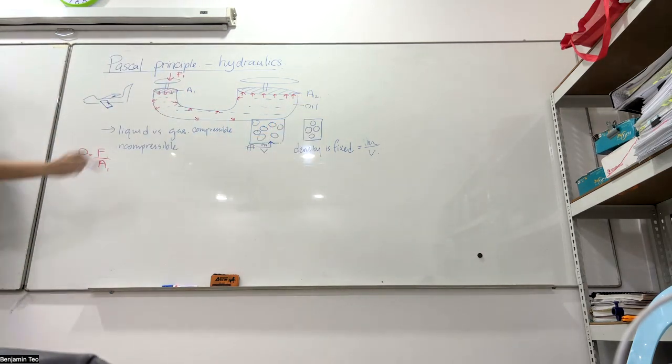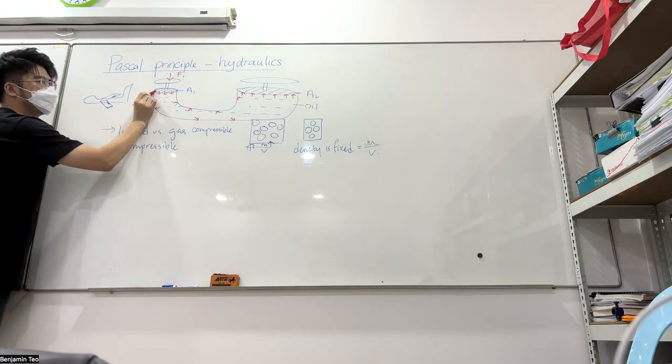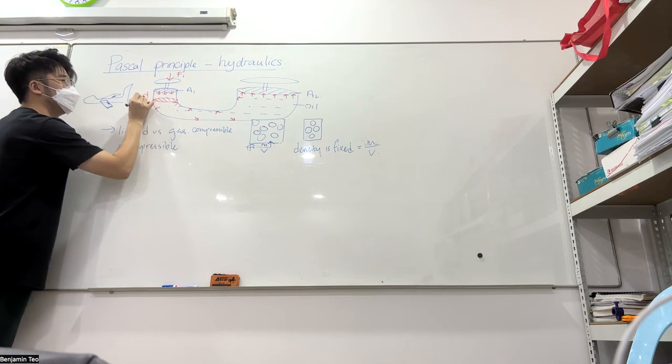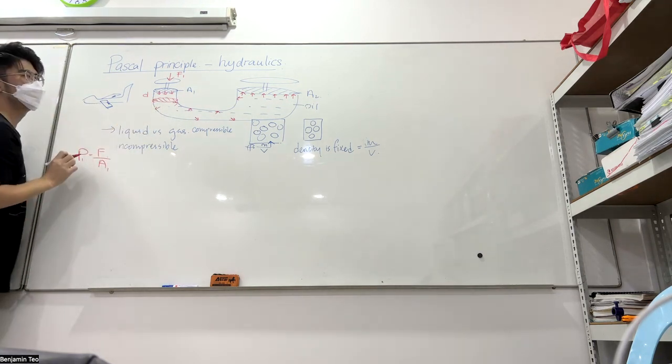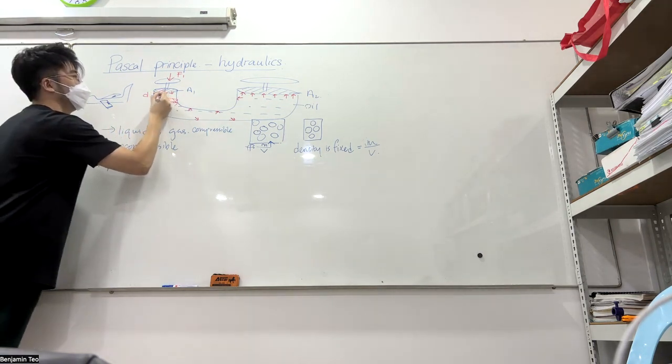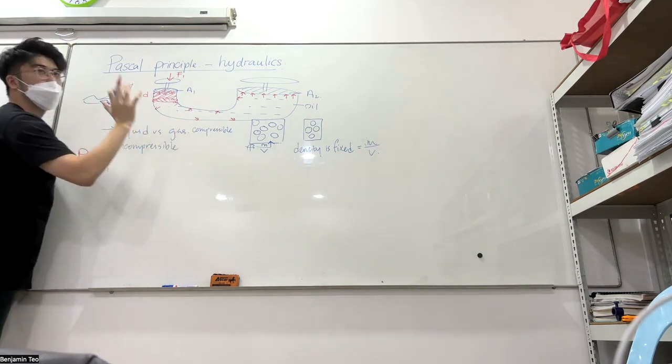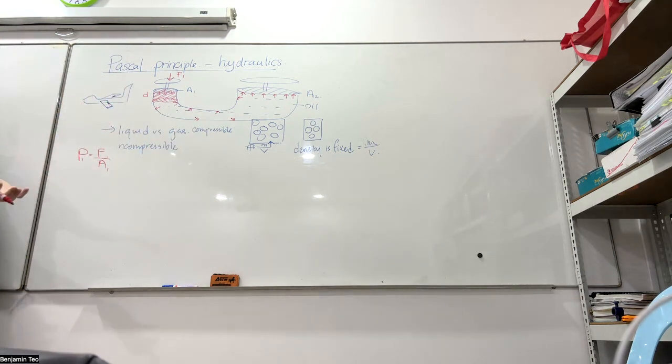Okay? Now, let's say I press this piston down for a certain distance, D. That means I'm pushing this much liquid out of the way. But where will it go? This container is all closed already. There's no way out.